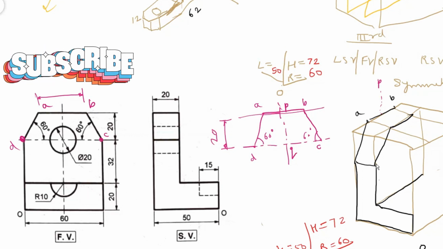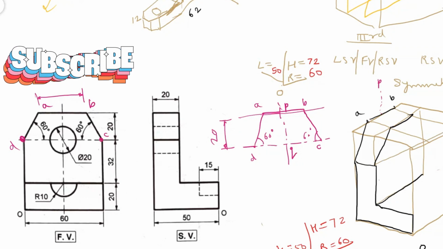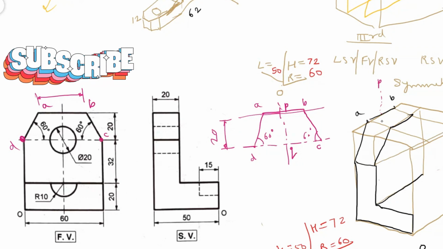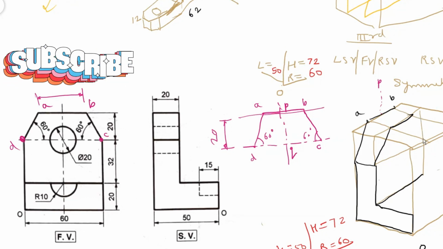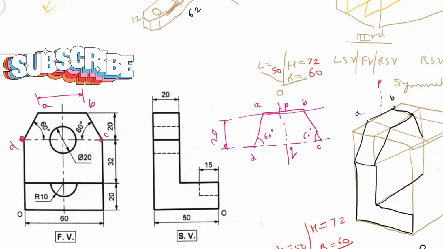We want this point now. So how will you obtain this point? Again, draw a line parallel in this direction. So how will you draw a line parallel? Maybe like this. Okay, like this. And where it intersects on this vertical line, this point. So join this and join this.